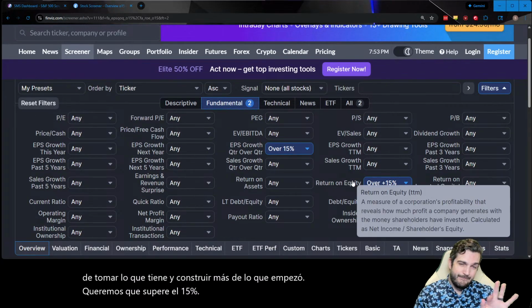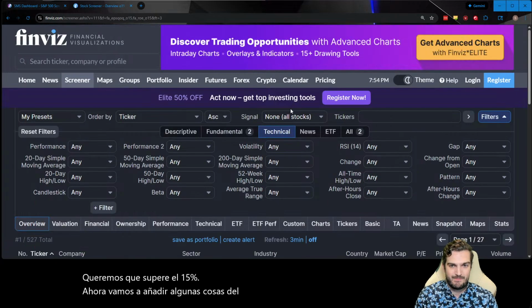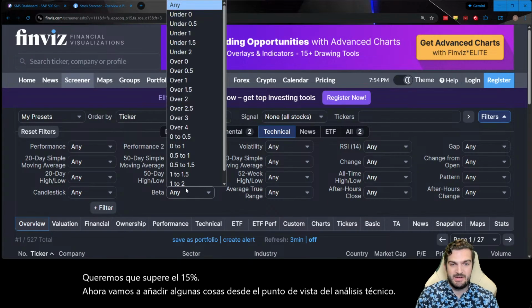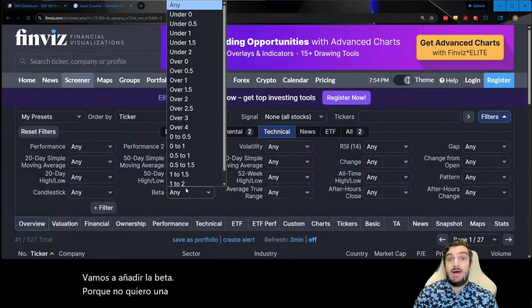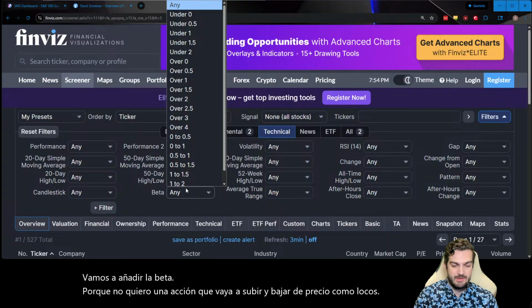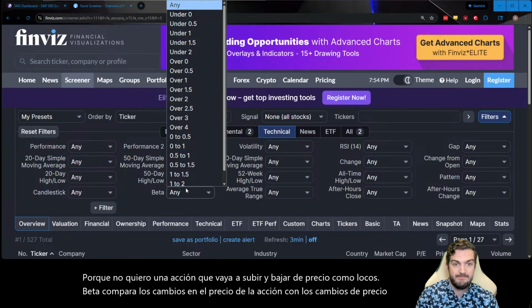Now, let's add a few things from the technical analysis side. Let's add in beta, because I don't want a stock that is going to be bouncing up and down in price like crazy. Beta compares the changes in price of the stock to the changes in price on average of the S&P 500.